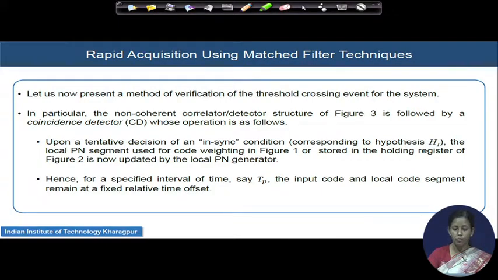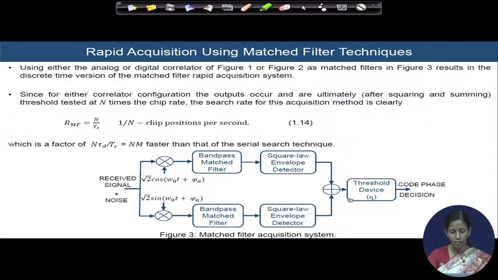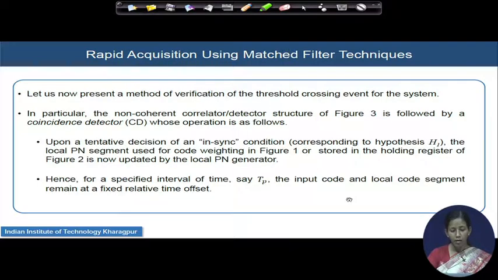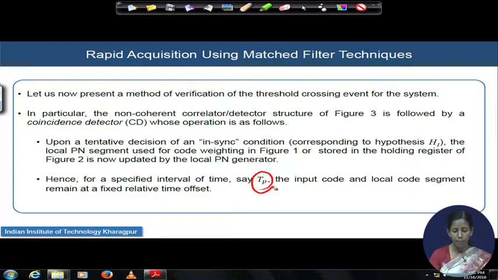Upon a tentative decision that you are in sync, corresponding to hypothesis H1, the local PN segment which was loaded inside the holding register, or equivalently inside figure 1, whatever you are storing in the code waiting, will now be updated. Once synchronization is done, for a specific interval of time, say equal to TP, it will continuously hold that segment of the PN generator, and the input code will be continuously correlated with the selected PN segment where the declaration of in sync was made.